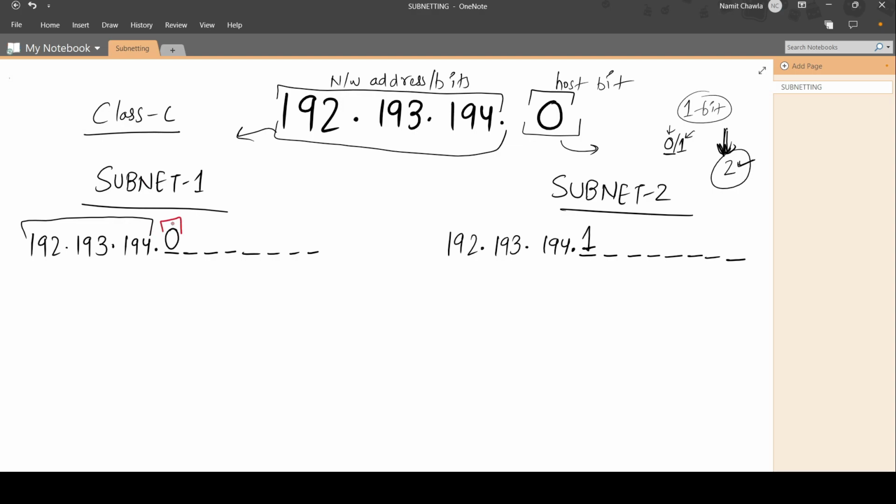Now this one is also fixed with the network bits. Right?